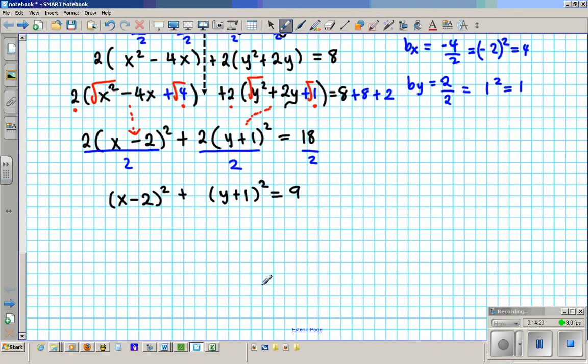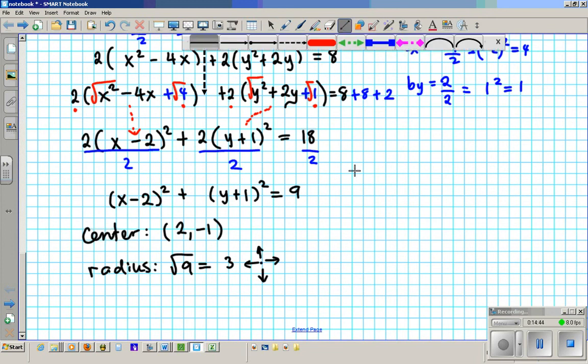And then this one, you know how to finish this up, right? You just find the center. Center is 2, negative 1. You do the opposite of these two. The radius is the square root of the number that's way on the right, square root of 9, which is 3. And that's the one you go in all 4 directions, up, down, left, right. And that will give you the equation of the circle.